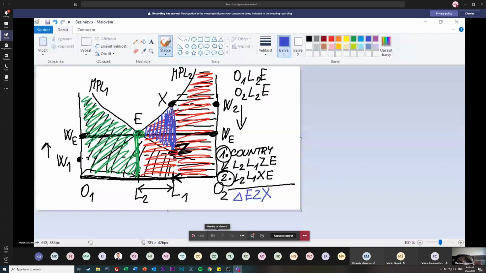Maybe you ask, how is it possible if people move from the first country to the second country that they produce more? The explanation is that now labor is relatively better spread out in the ratio to the capital. You know, maybe there were too many people in the first country in relation to the capital.